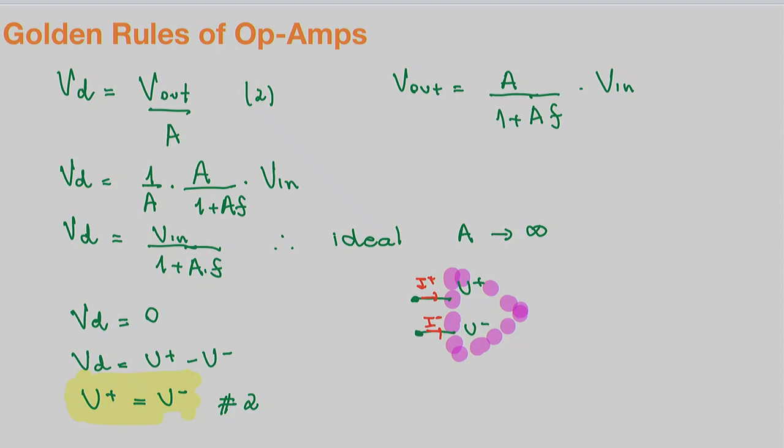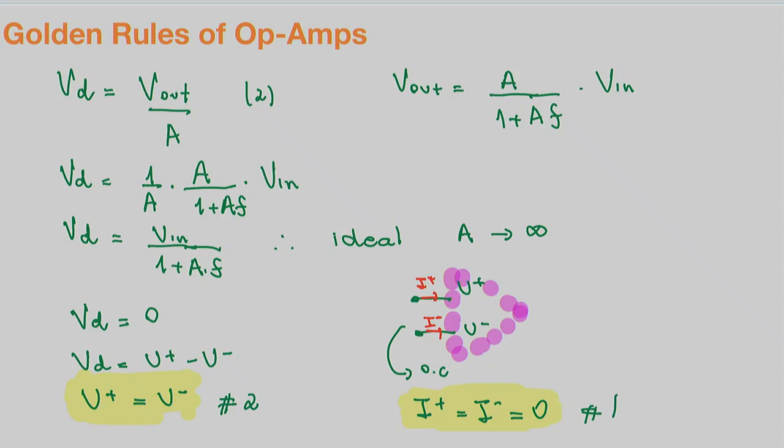Because we are using a model of an open circuit, that tells us that I plus is equal to I minus, which is equal to 0. Because in the case of an open circuit, the current is always 0. This is the golden rule of operational amplifiers, number 1.